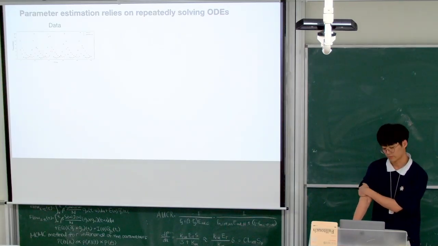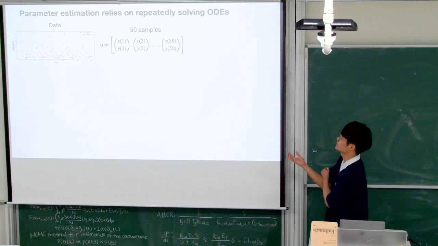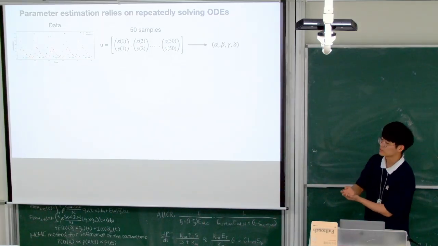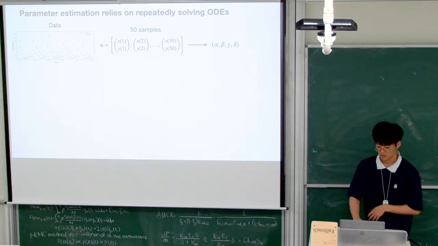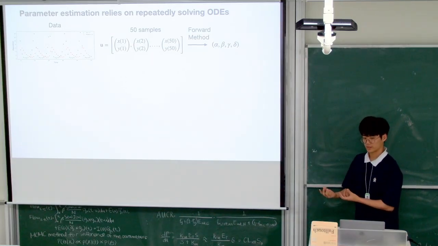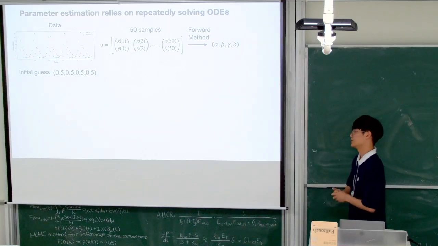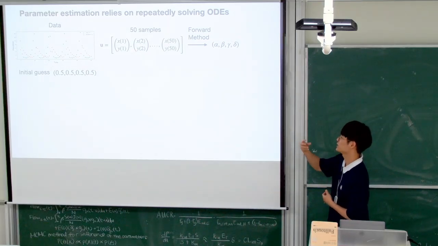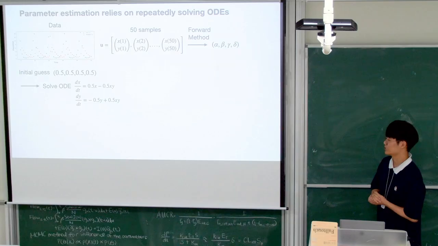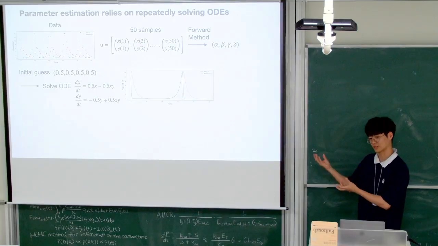Okay, suppose we have some data, and we can represent it as this matrix. And we want to know the parameters from this data. The often used method is what we call the forward method. Here is a simplified algorithm. First, give an initial guess to the parameters. Then we solve the ODEs and get these trajectories.